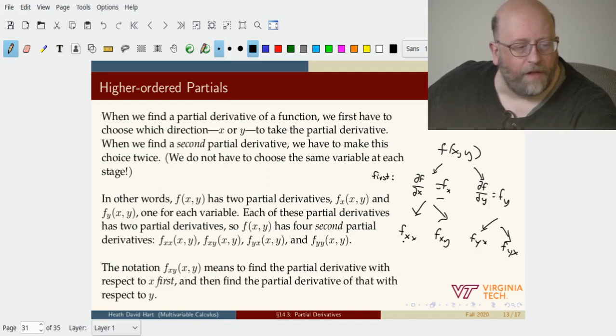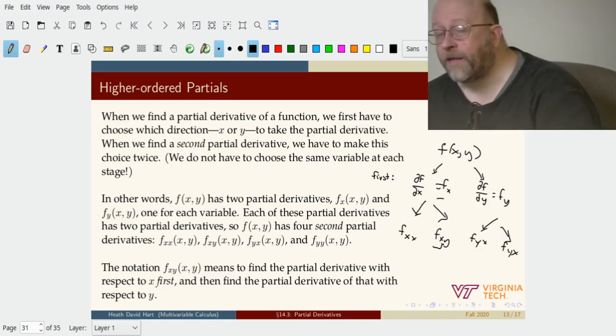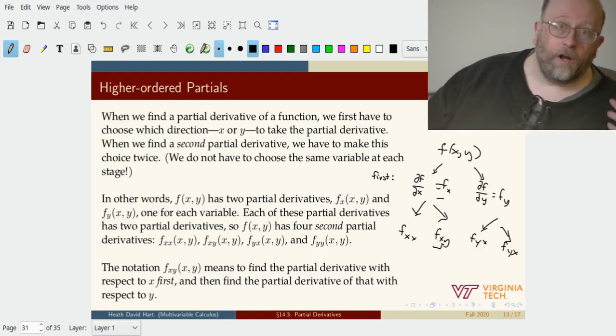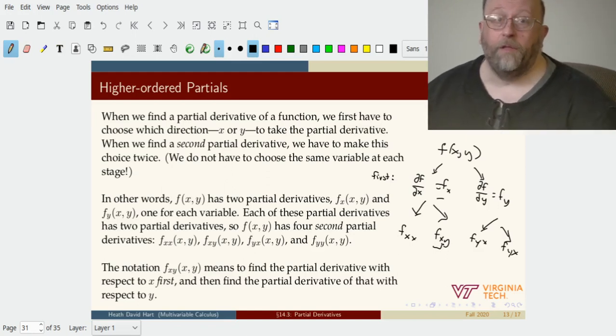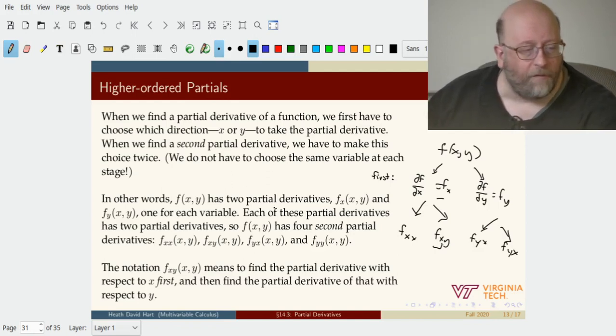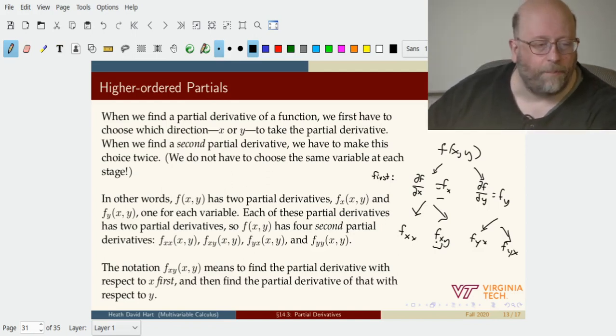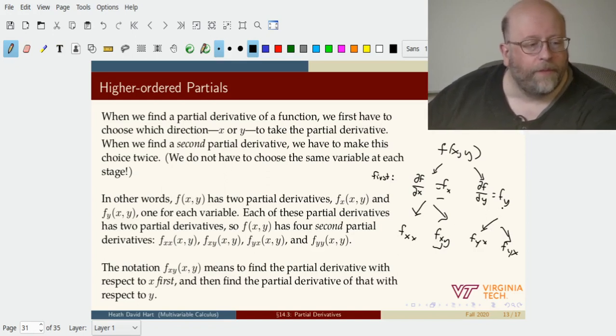Start with fx and calculate the second derivative, again with respect to x, or starting with fx, even though we use x for the first derivative, we're going to use y for the second derivative. That gives us fxy. We'll talk about what fxy means at some point, but right now we're just learning how to do it.